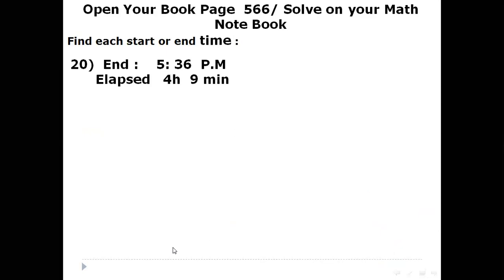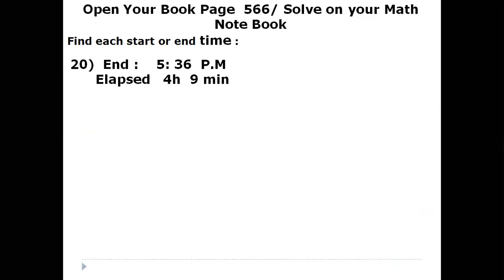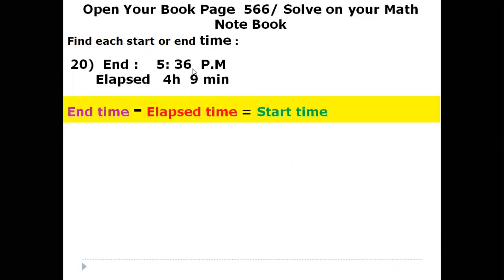Now, in 20, you have the ending time, 5:36 p.m. You need to find the starting time, and the elapsed time is 4 hours 9 minutes. Okay, so the starting time, what was it before? So we subtract.